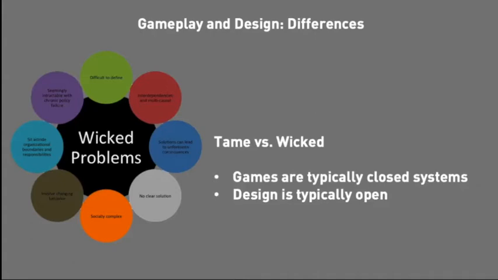And because design is open to the world, aims at affecting lived experience of actual people, where there are many moving parts at play, many different perspectives and values and competing strategies and approaches to accomplish goals. We're looking at wickedness in the social domain of design. So that's probably one of the most important differences between these two domains.